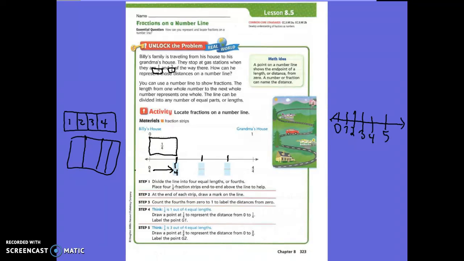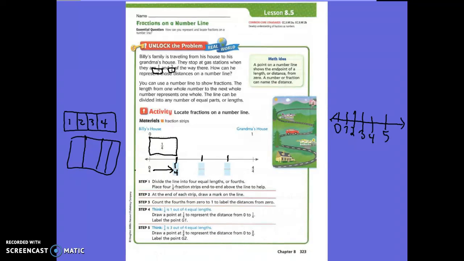That makes 4 boxes. Does it make sense? So we would put 3 lines on this number line to get to 4 fourths. Okay? So 1, 2, 3 lines. At the end of each strip, draw a mark on the line, which I was showing you. Count the fourths from 0 to 1 and label the distance from 0.